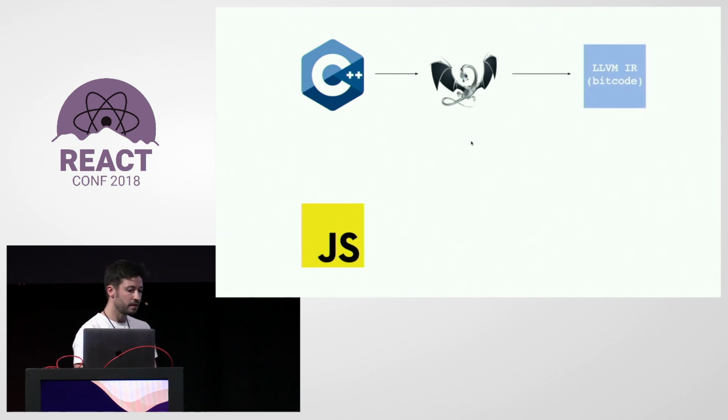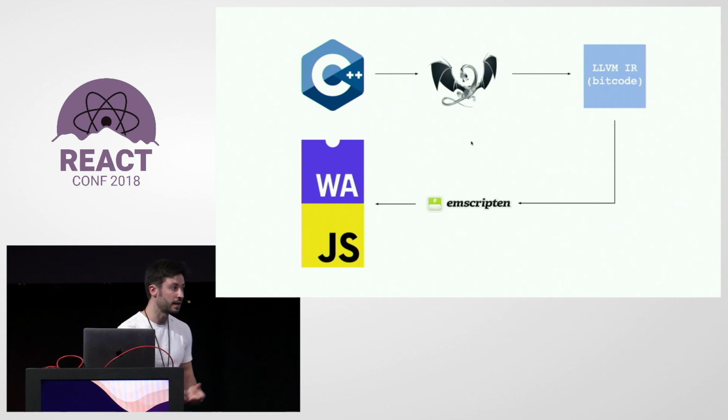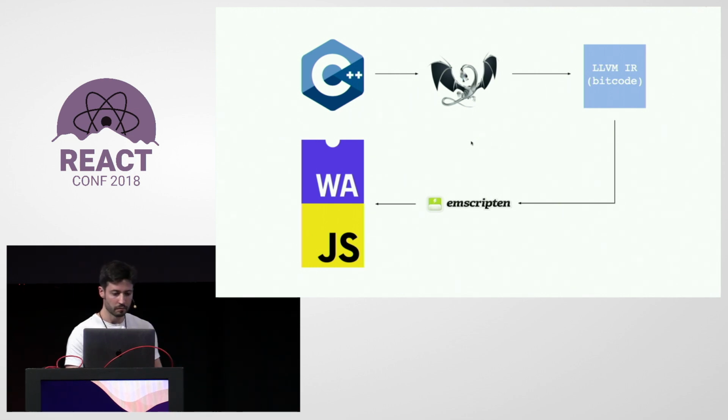And Clang is outputting the LLVM intermediate representation. And then instead of using this representation and translating it to real assembly to have a binary running on your system, you run it through Emscripten, which outputs WebAssembly. And you get something that is running on the web.